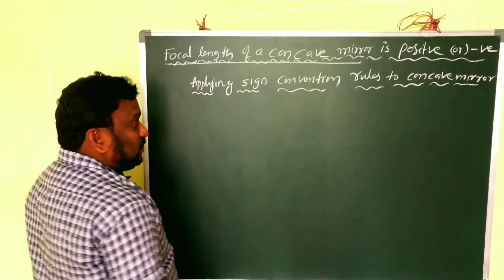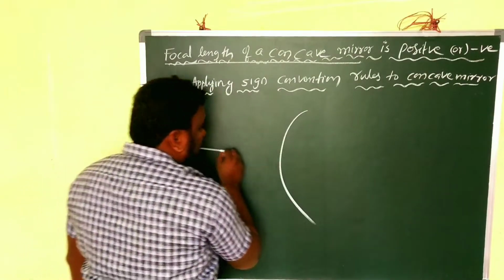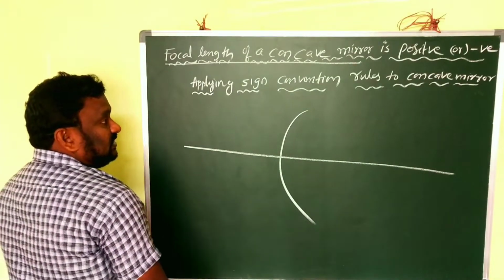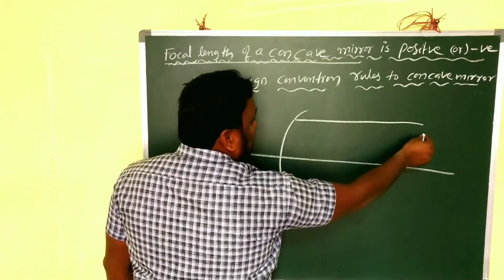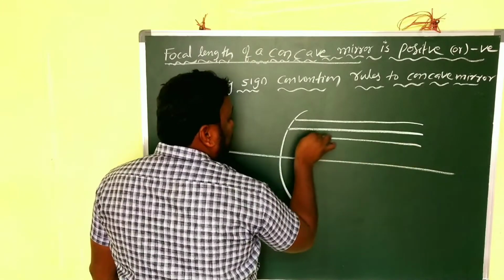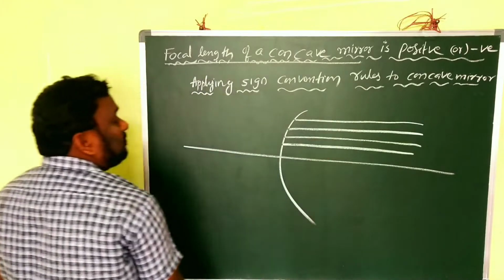Here it is the concave mirror, and the rays are coming from a long distance. The light is coming from infinite distance, that's why we take it as a parallel beam of light.